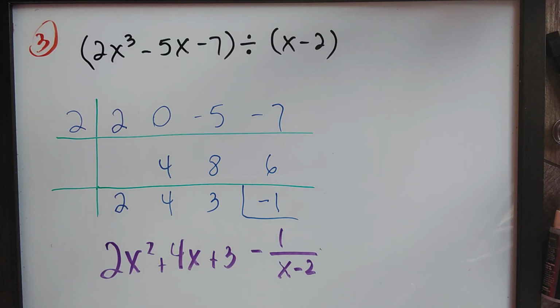And that's it right there. It's really simple. I have to just get used to the procedure, but once you get enough practice, it should be really easy from there.